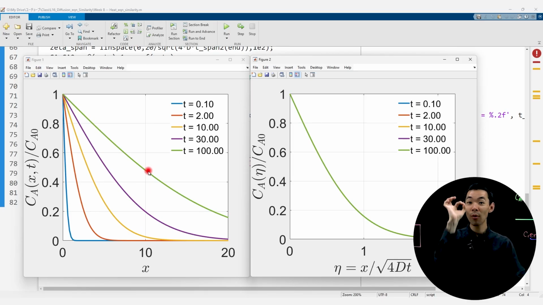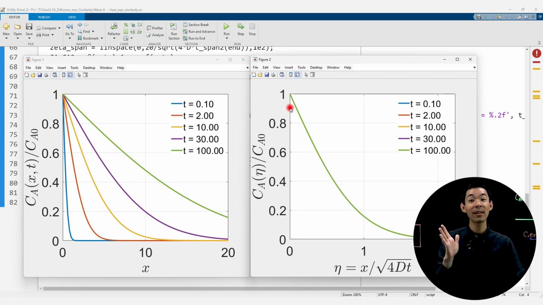Now, if I take all those points and replot it with eta, so x equal to 10, divided by all the different time points, that's going to populate the different points along this curve. So you'll get 5 points, boom, boom, boom, boom, boom, 5 points along this single curve. And the more time points you take, you'll be able to populate this entire curve into a universal master line.